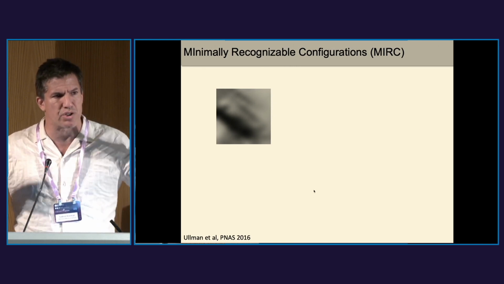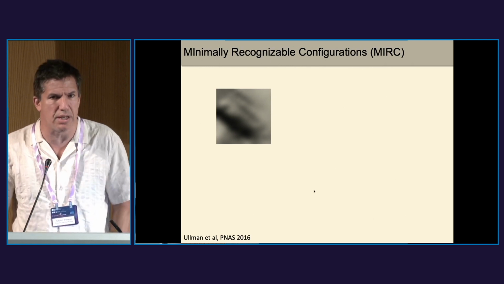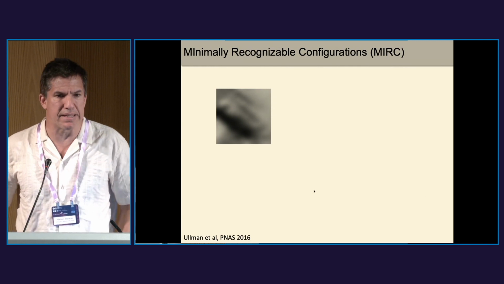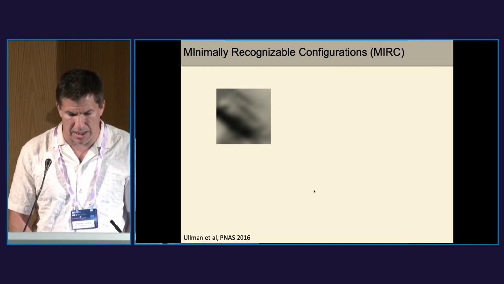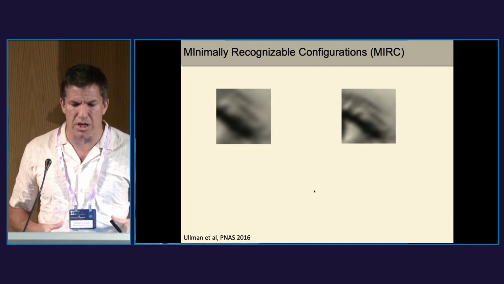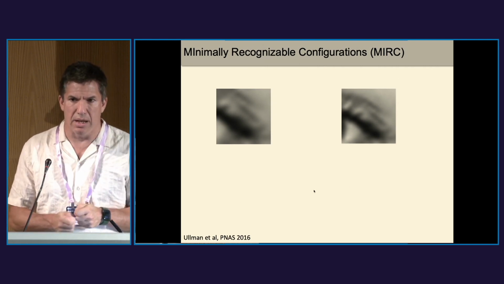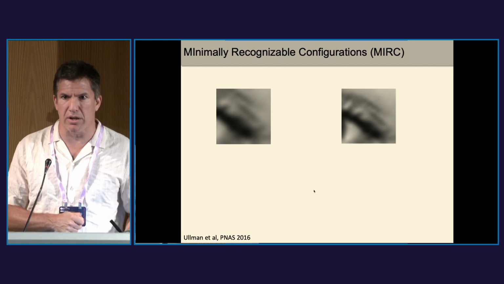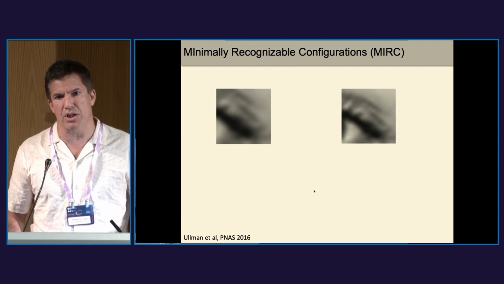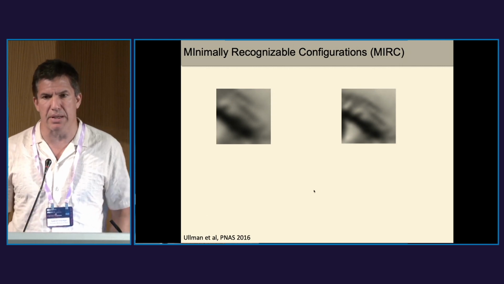Basically what they did is they took real object images and started cropping them and blurring them until they became unrecognizable. It turns out that you can introduce minimal changes in these images so that we can go from recognition to lack of recognition by just introducing either one pixel on each side or minimal amounts of blurring.